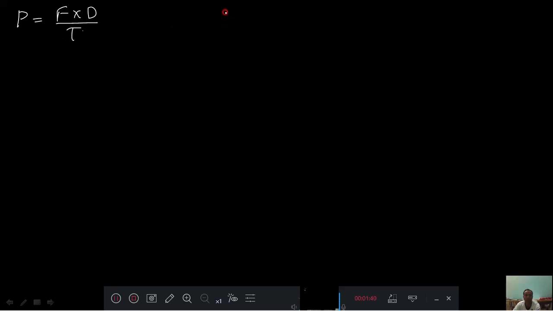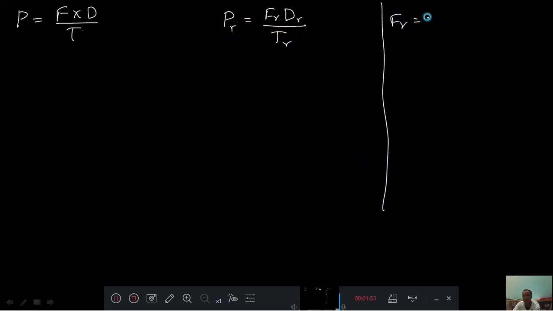Then your power ratio will be equal to force ratio into distance ratio divided by time ratio. We need to work out this one. The force ratio is equal to mass into acceleration, or otherwise density into L cube, that is density into volume, which is the mass, into acceleration, which is velocity by time.